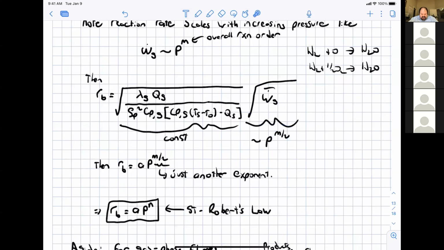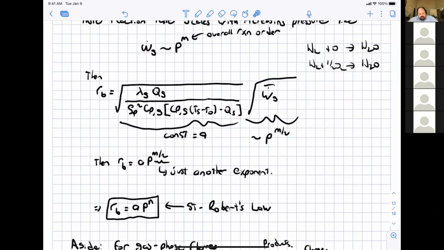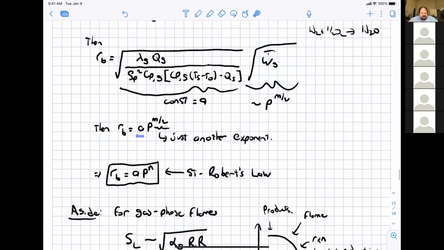So then this constant, I'm just going to call this constant A. So then now we have the burning rate is equal to our constant A times pressure raised to the overall reaction order of the gas phase divided by 2.